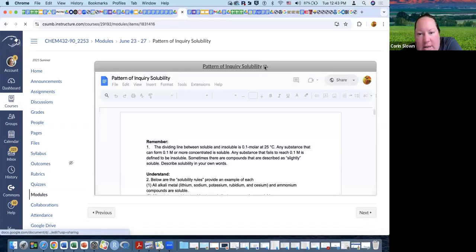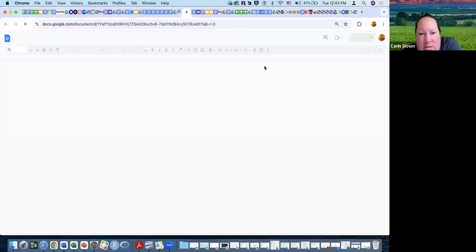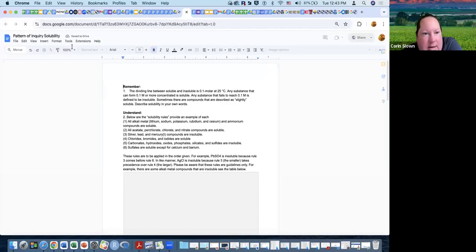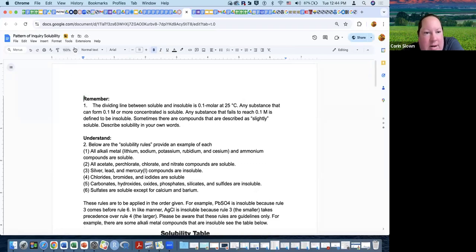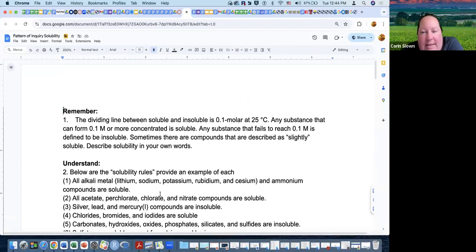The goal here is that each question I'm asking really requires you to engage at a different type of cognitive load. Let's talk a minute about what I mean by that. Remember, at this point, hopefully you have some type of working definition in your mind of what solubility is.